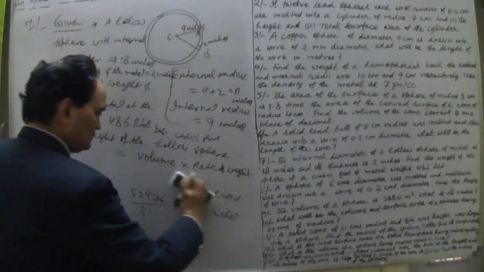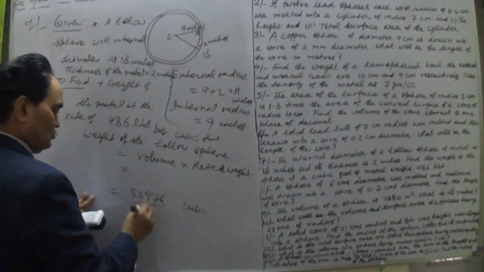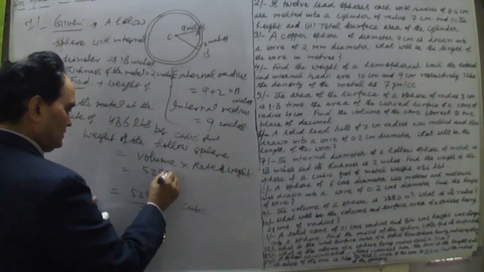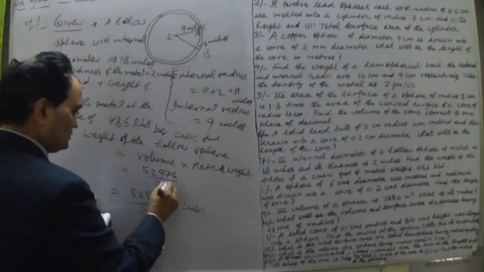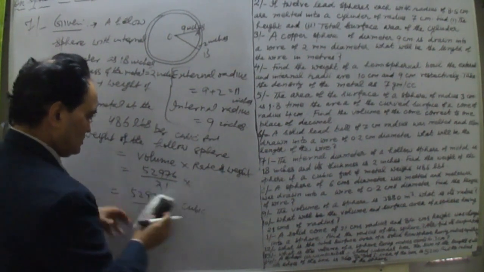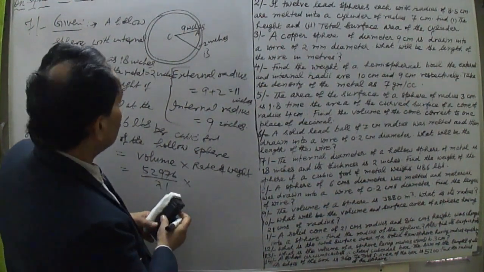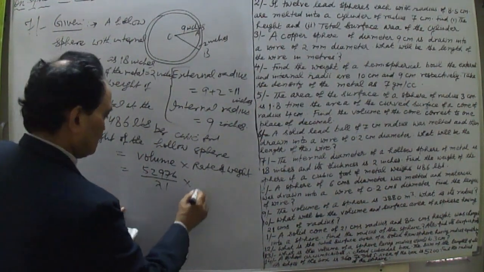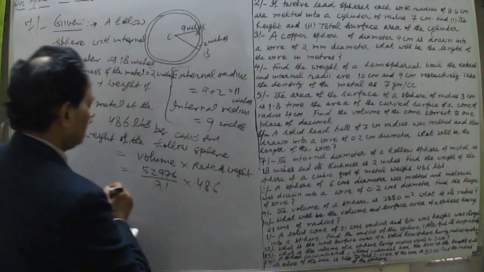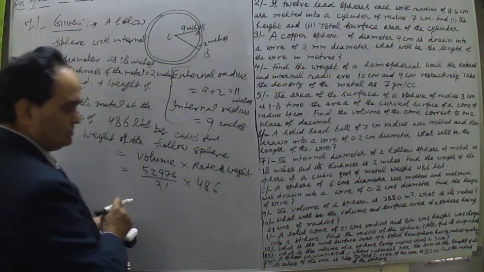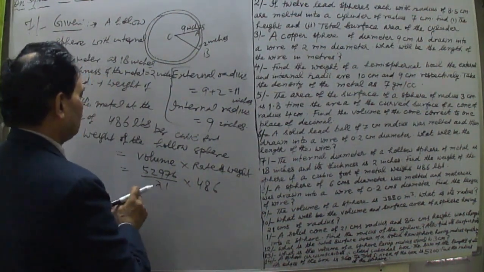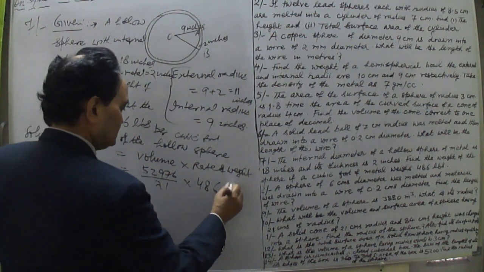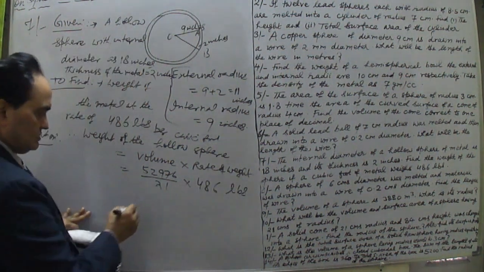So let me calculate here. The volume is 52976 upon 21, into the rate, which is 486, divided by 3. This is in pounds.